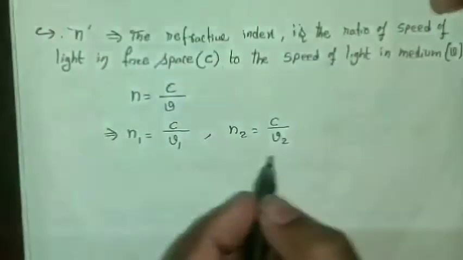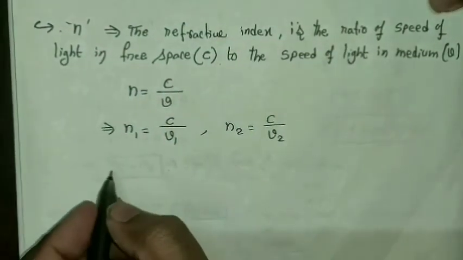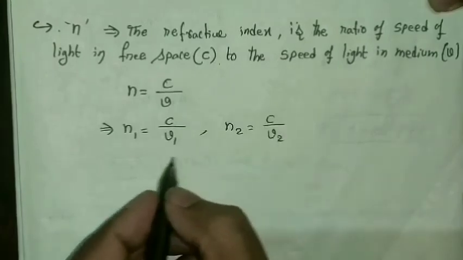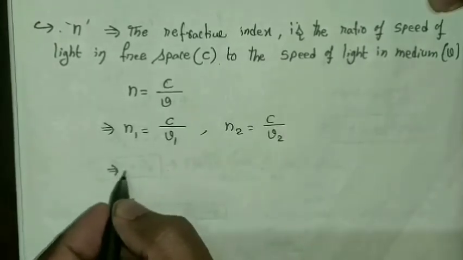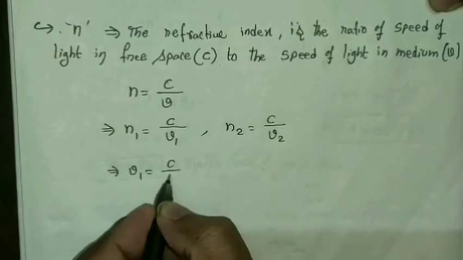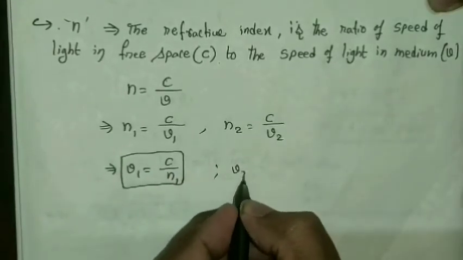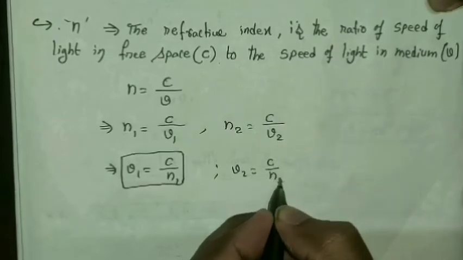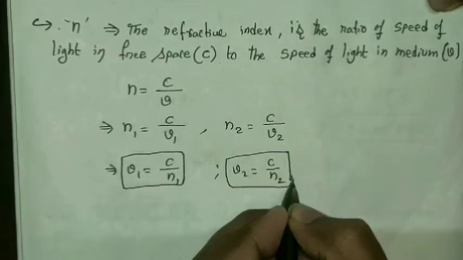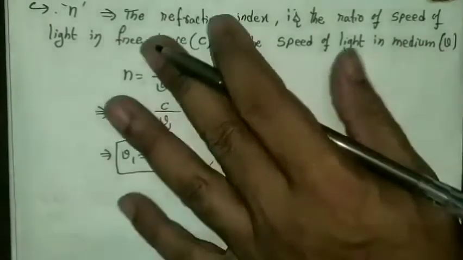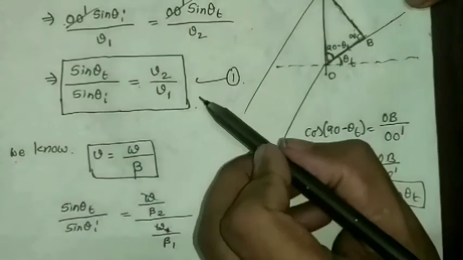From both of these cases, v1 equals c by n1, and at the same time v2 equals c by n2. Now substitute v1 as well as v2 in this relation.